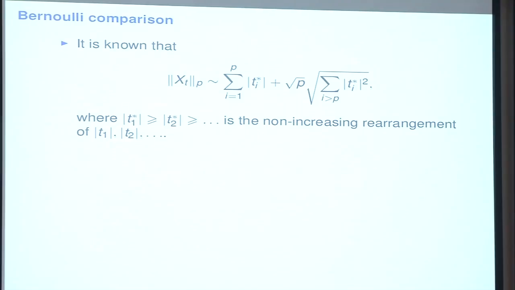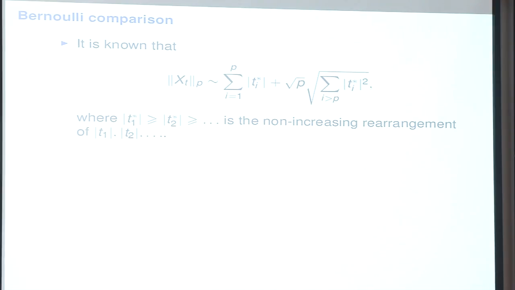You have to reorder the coefficients so the reordering is non-increasing, and then you select the first p of them, the p greatest ones, and then the rest is of Gaussian type, and it should be multiplied by the square root of p, as in the Rademacher case. We know that this is usual for the p-th moment of Gaussian random variables.